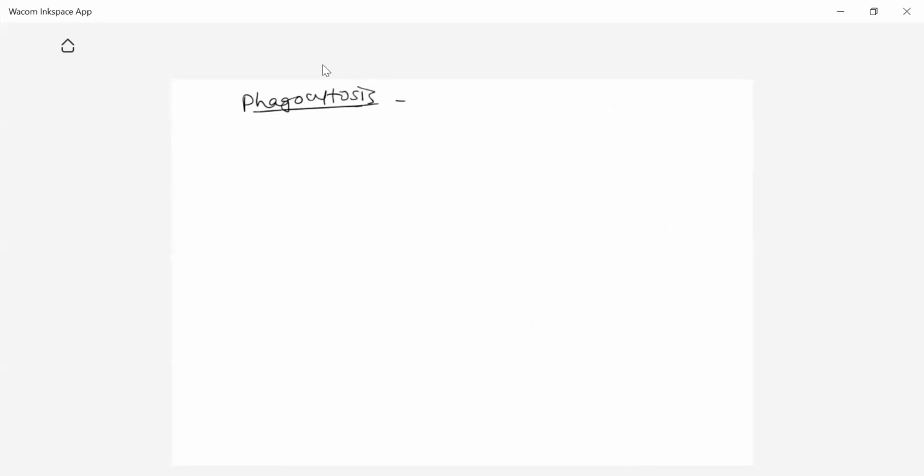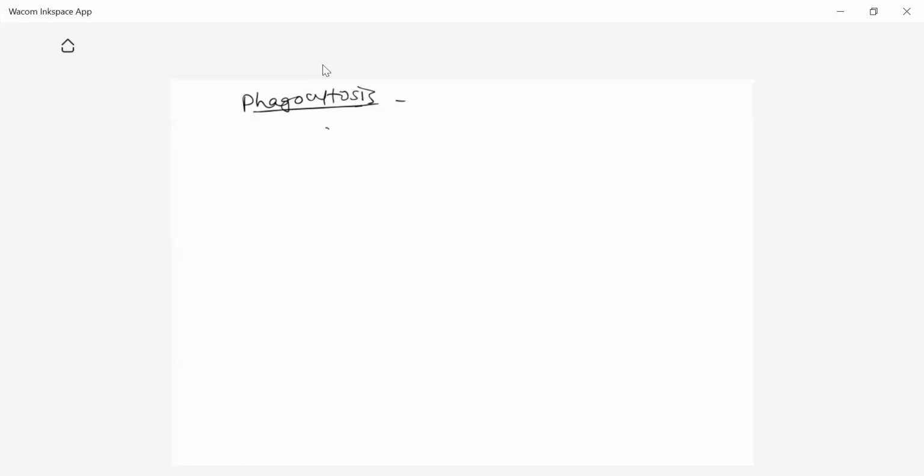At the same time, this phagocytic cell is rich in ribosomes. Lysosome granules are also present in their cytoplasm, and that indicates the component required for the digestion of foreign material. The lysosome and the ribosome both are required during the digestion.